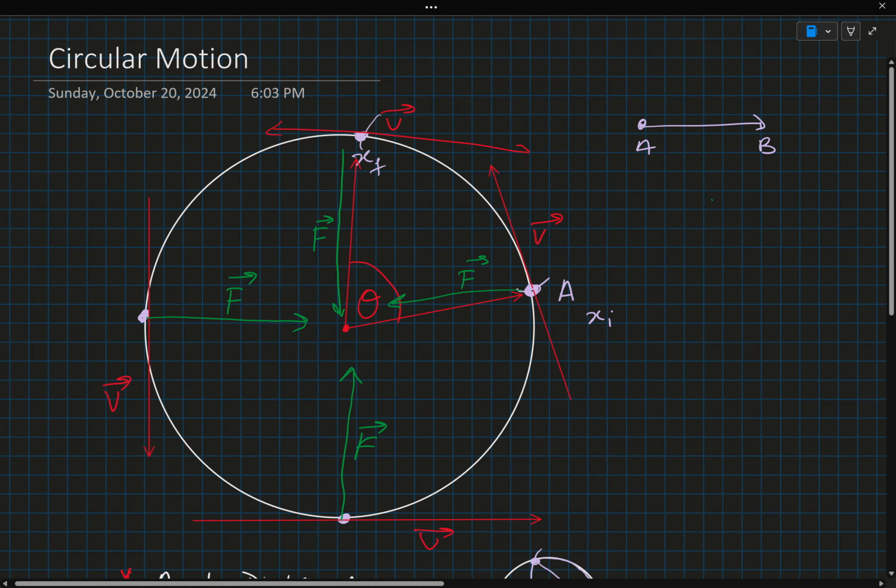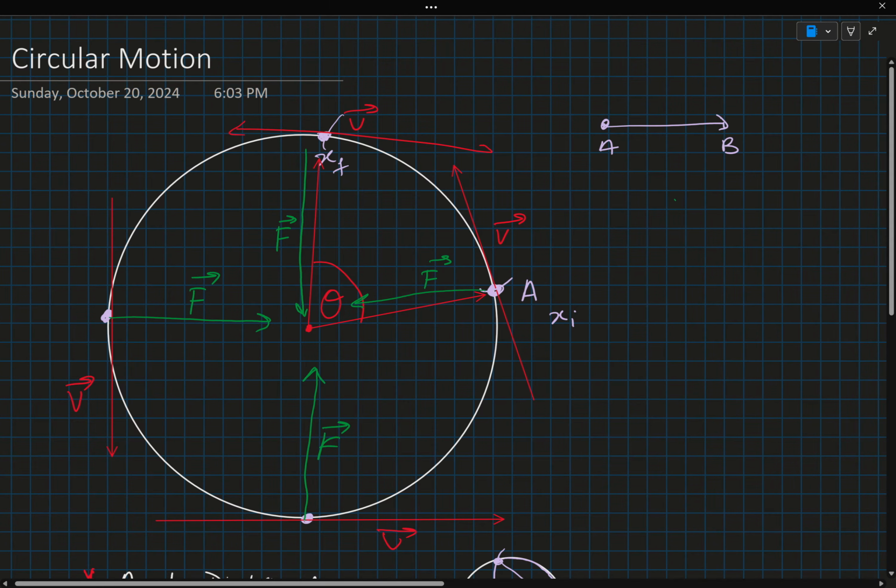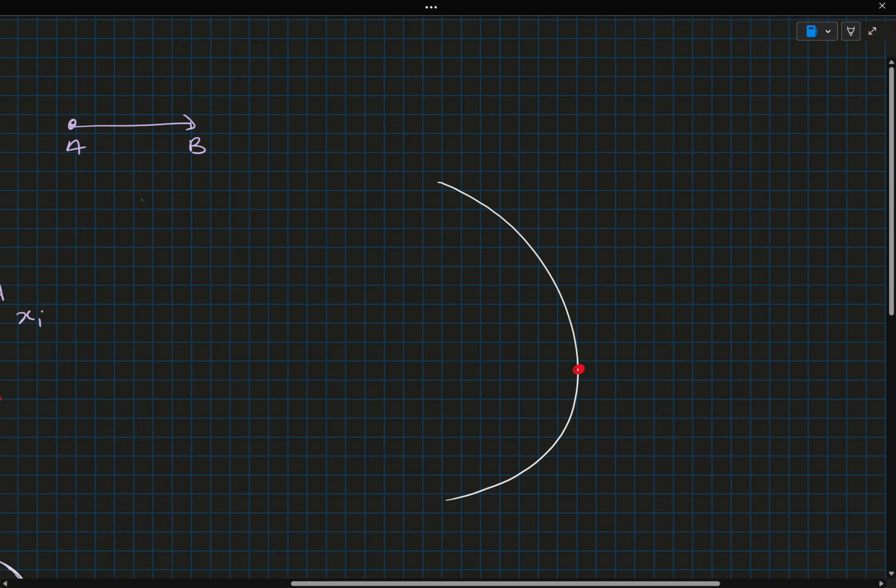So let me make it simpler: an object is moving along a curved path with some tangential velocity, and along that circular path there's a force pulling it to the center of the circular path, which is our centripetal force. The change in distance on the circular path is what we call the angular displacement.